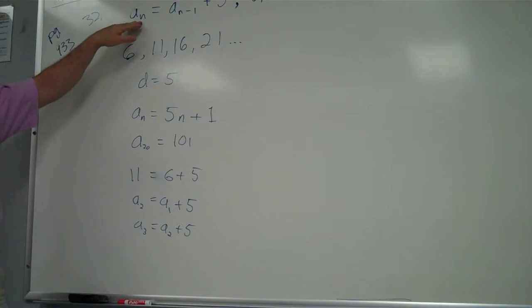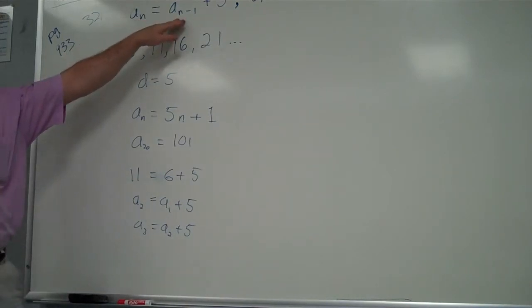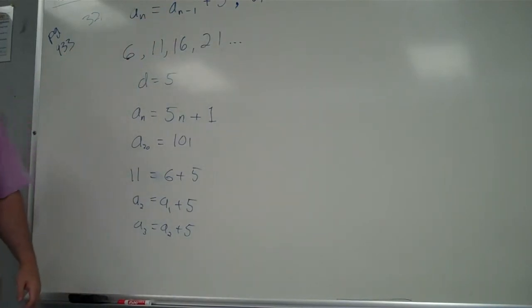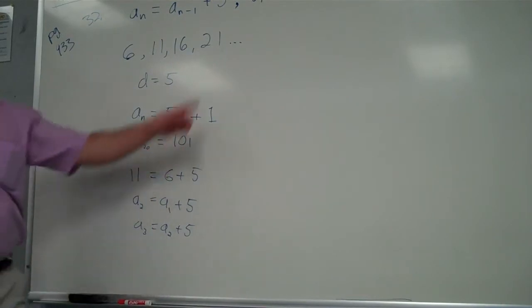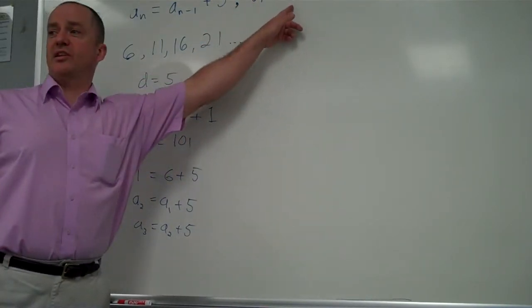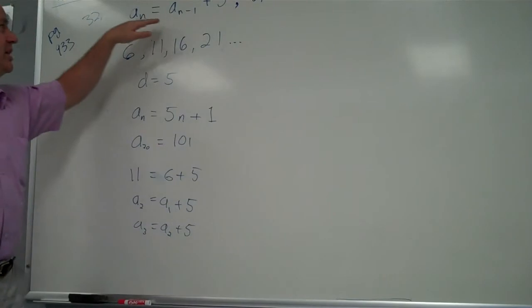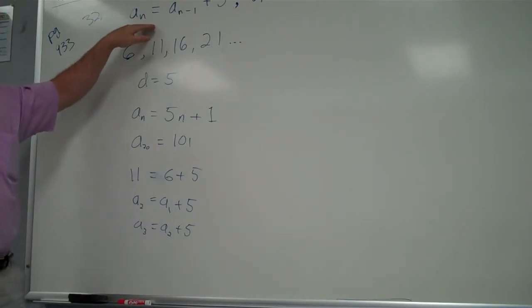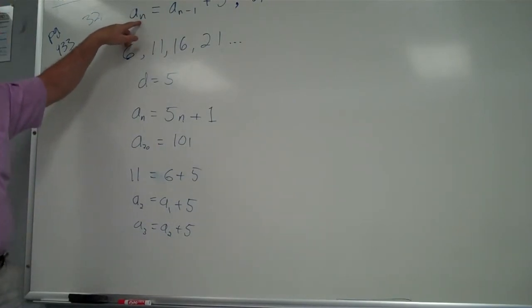So if this is the 57th term, this is the 56th term. So let's say we start out with 6. How do we get from a sub n minus 1 plus 5 to equal 6? Well, they gave us a sub 1 equals 6. And technically there should be a note here that says this rule doesn't work until you get to n equals 2.